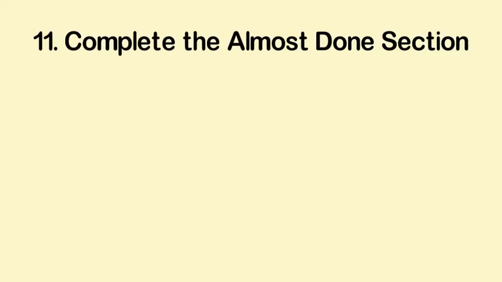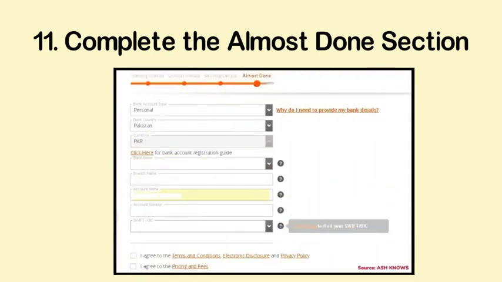Here comes the almost done section. In this section, you will enter your local bank account details, which will include your bank account type, bank country, currency, bank type, branch name, account number, SWIFT or BIC number. So once you have added all the required information, click on I accept all the terms and conditions and then click the submit button.